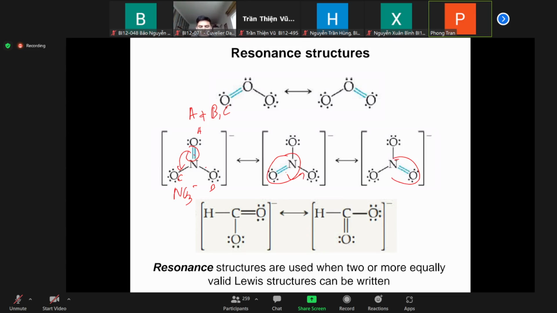Basically the three structures are identical. Now if you talk about the bond order, here you have bond order equal to 2, here the bond order equal to 1, here bond order equal to 1.